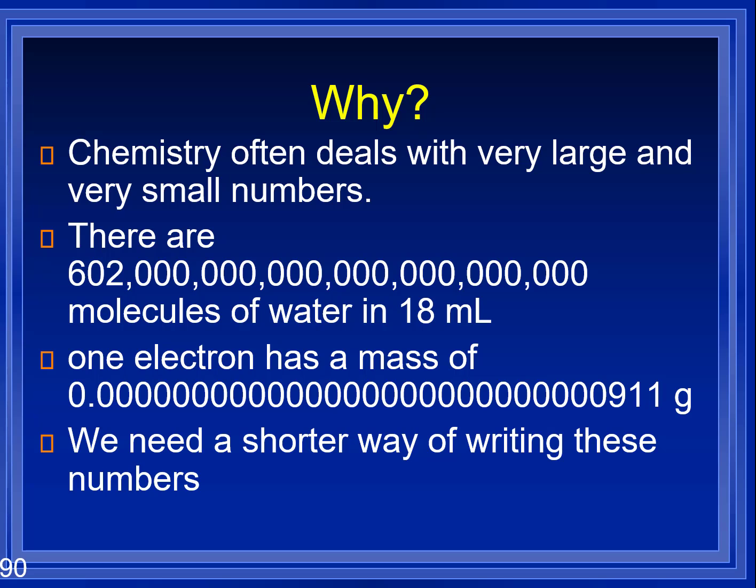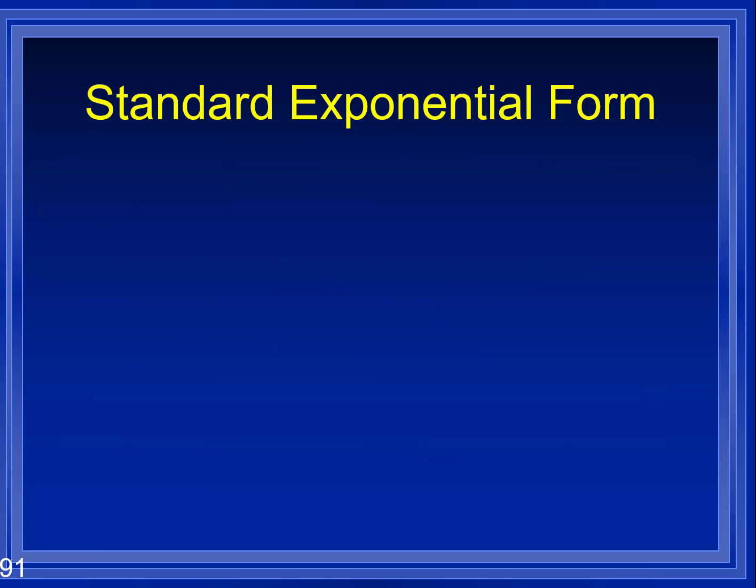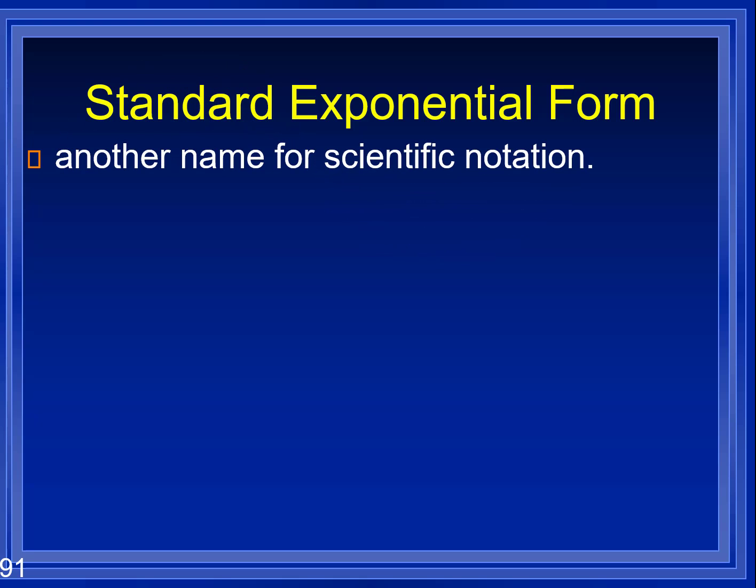There's a reason why we're learning this. It's not some random thing. The way we're going to do it is scientific notation, or I like the official name, standard exponential form. The reason I like that name better is because it tells me something about it.